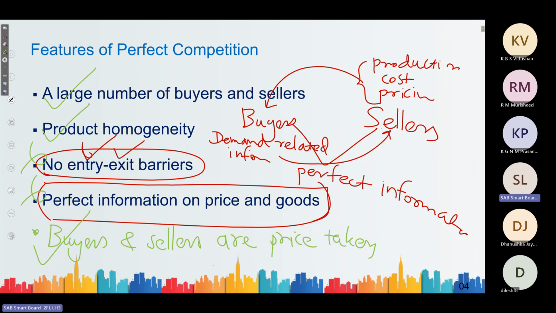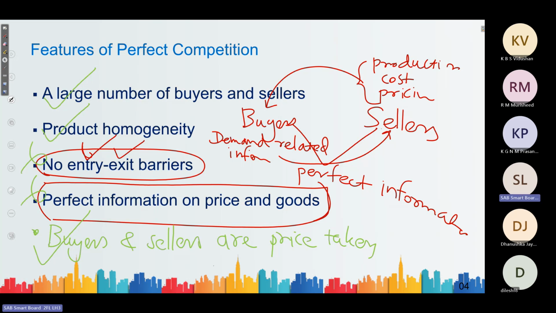But approximately, the egg market in the United States can be considered a perfectly competitive market, though some features are lacking. Likewise, there are approximate examples of perfect competition, but we can't find a perfect example.